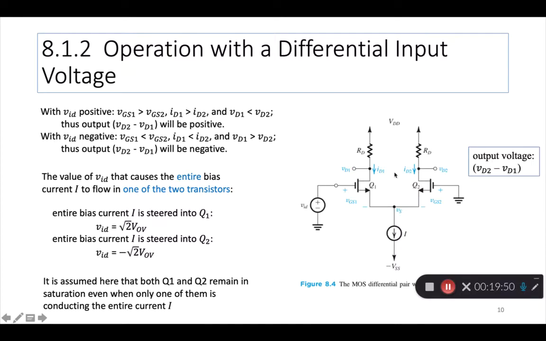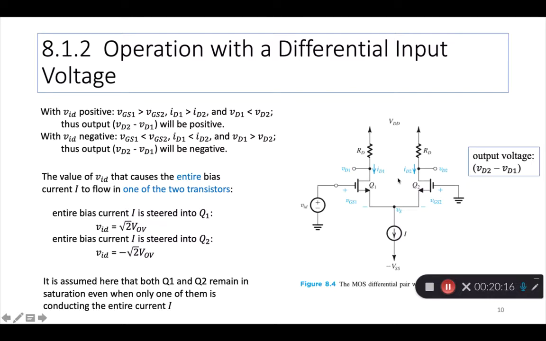Now, in common mode, we saw that the currents in the drains are equal. In the differential mode, we saw already that the currents will be different. In the common mode, the currents in the two devices are equal and they're half of the reference current.